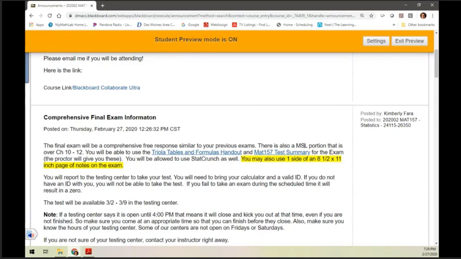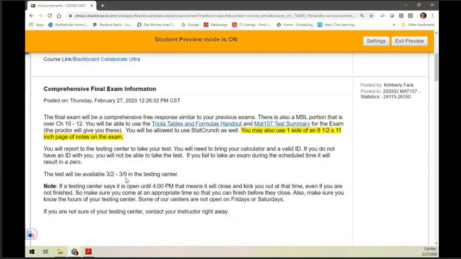There will be 22 points in my math lab, my stat lab, and those are only over chapters 10 through 12. You'll be able to get your Triola tables and formulas like you had last time, and then the handout that we just talked about. You can also use one side of an 8.5 by 11-inch page of notes. Okay? You have till the end of the day on the 9th to take the test.